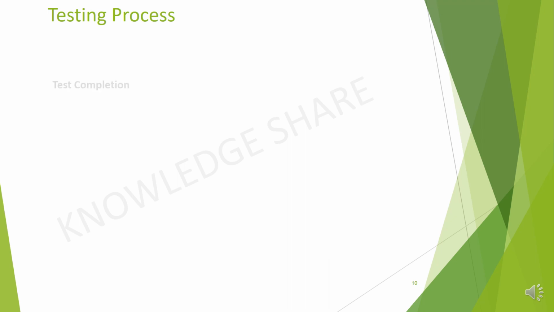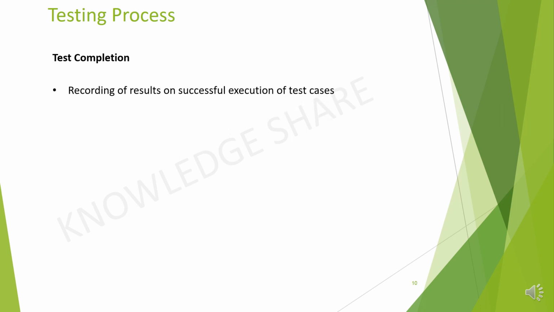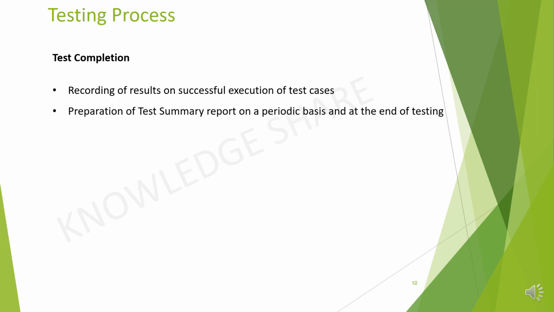Next question. Define test completion. Test completion activity involves recording of results on successful execution of test cases. Then preparation of test summary report on a periodic basis and at the end of testing.